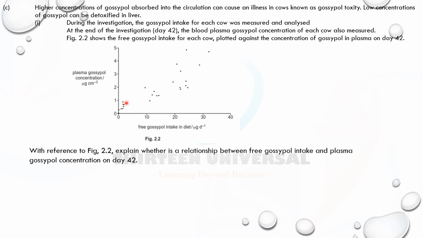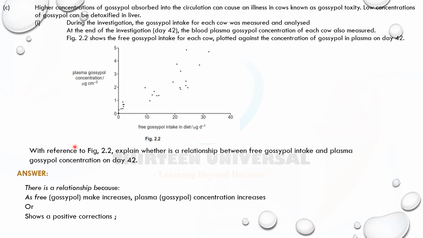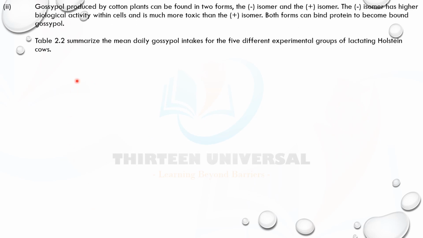You can see that there is a positive correlation. As free gospel intake increases, the plasma gospel concentration also increases. So there's a positive correlation there. All right, there's a relationship there. That's the correlation.